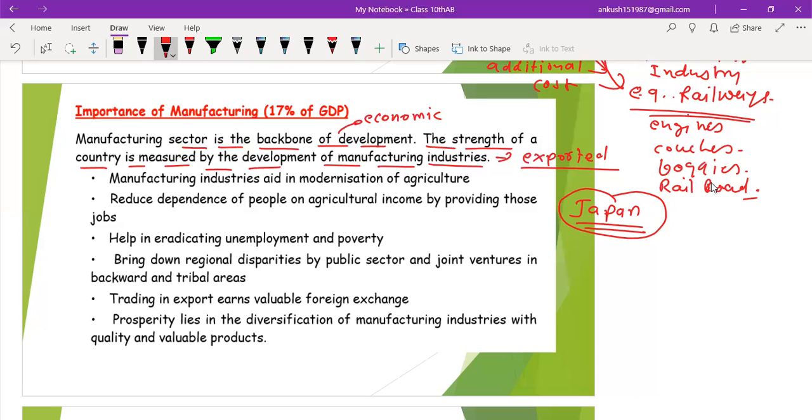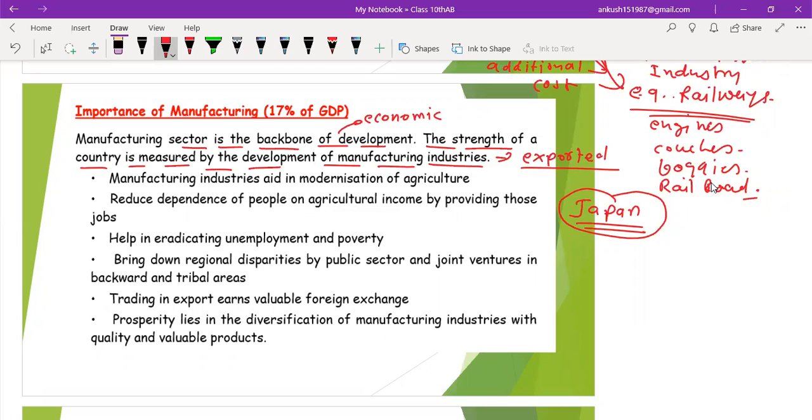Are you getting the point? This is the tragedy that happens with our country. Understood? Yes, sir. It is a thoughtful thing that why should we provide the raw material to other countries, but still we are not able to produce such products in our own country.